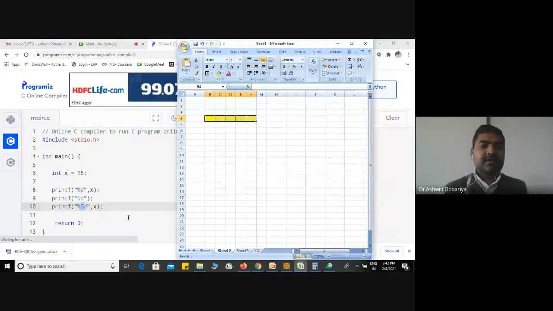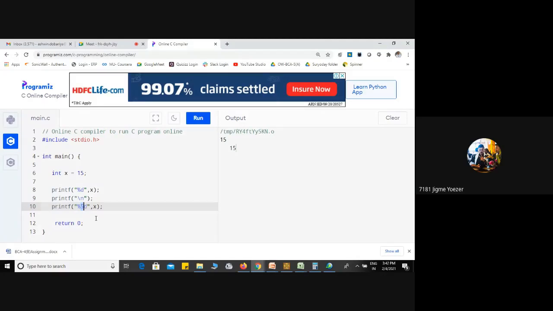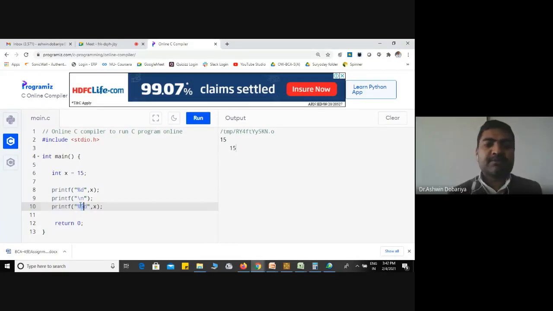Now first tell me, if I mention only 5, then is it positive 5 or negative 5? Positive 5, right? If you mention a positive 5, then it displays the data in right alignment. Remember this thing: when we mention the width positive, then it displays the data in right alignment.